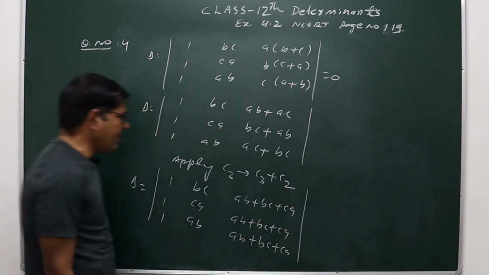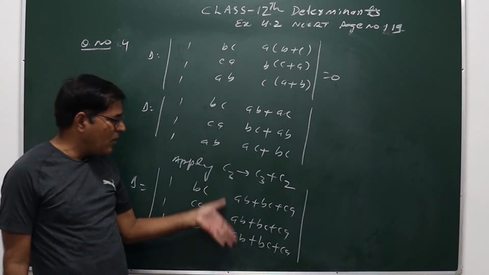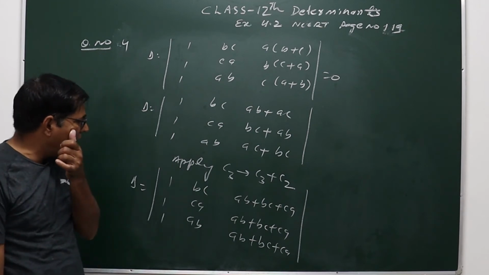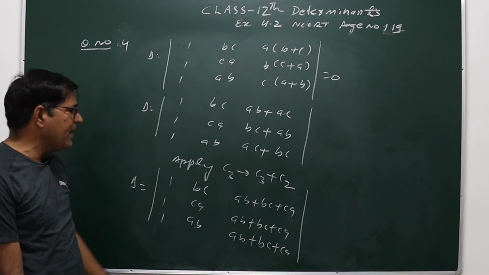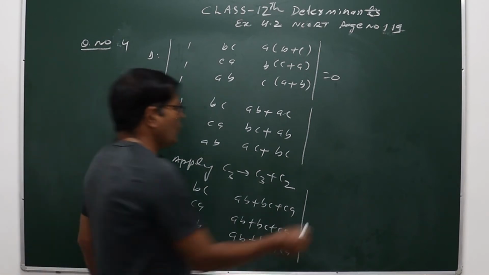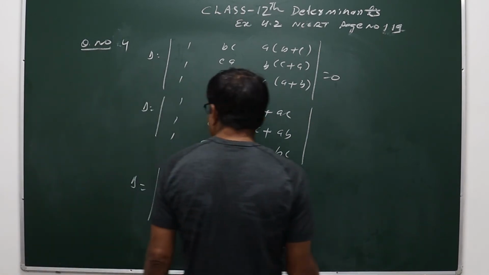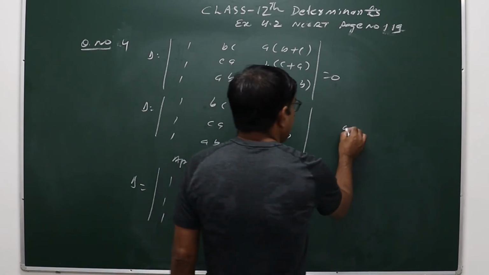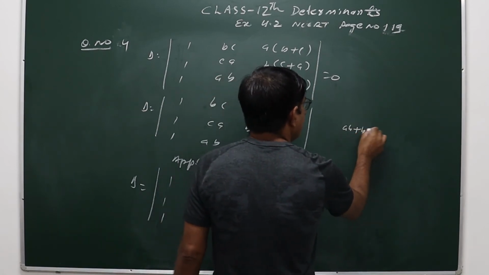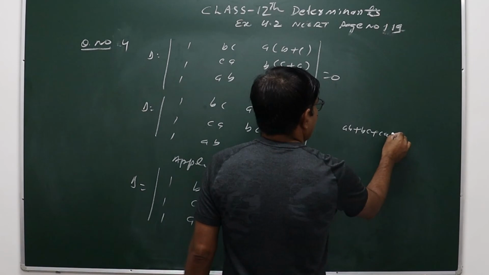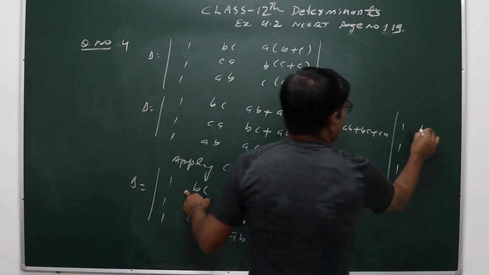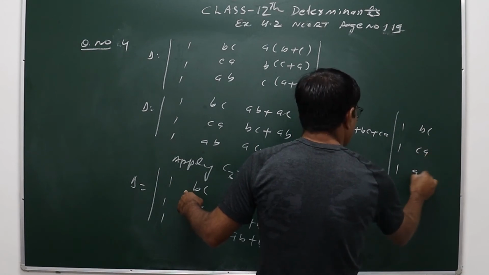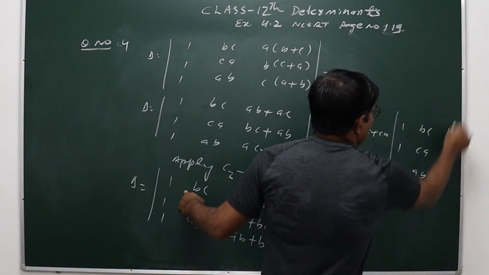Now in this determinant, in the third column all the elements are the same, so we can take AB plus BC plus CA common. On taking it common, the first column will be as it is, 1, 1, 1, the second column will be BC, CA, AB and the third column will be 1, 1, 1.